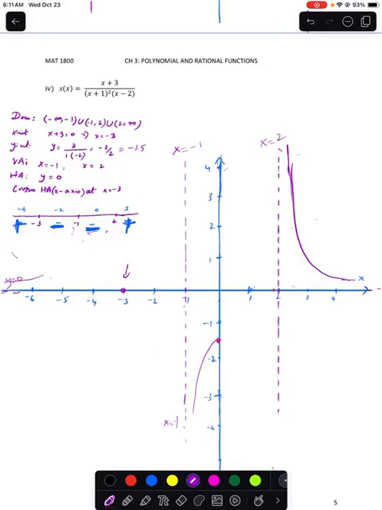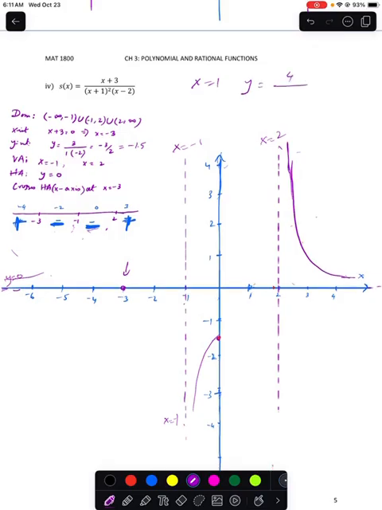Now, when turning back, you don't know what will be the highest point or where the turn will happen. So just roughly, because it's an easy value, we have the value at 0, which is -1.5. You can try to find the value at 1. So when x is equal to 1, we plug in, and y will be 4 on the top. 1 plus 1 whole square is 4.